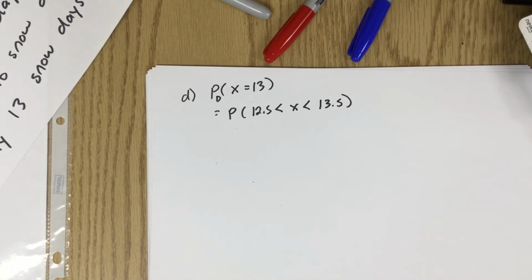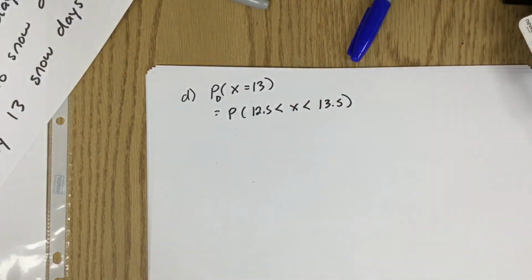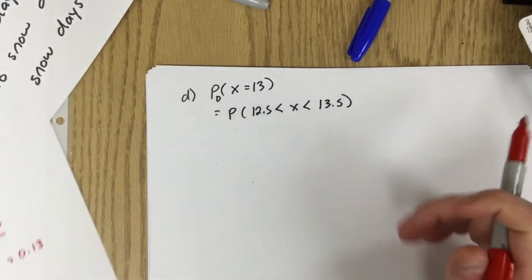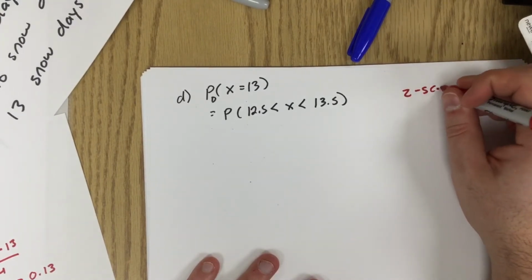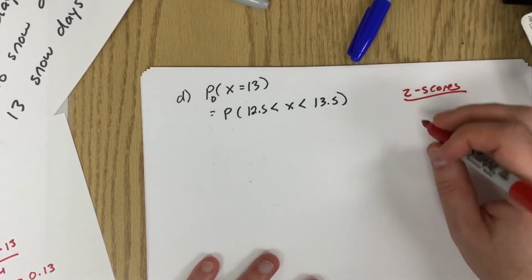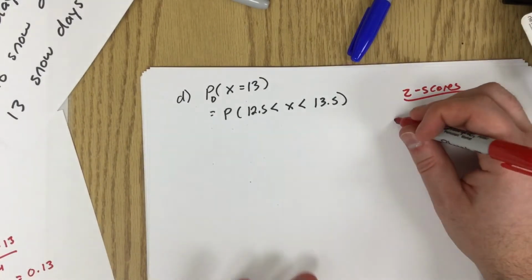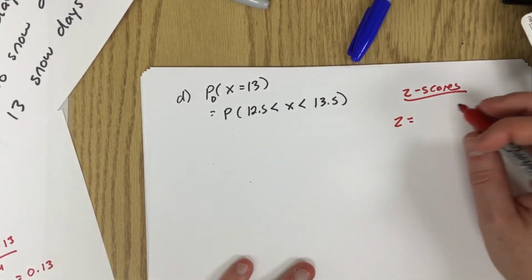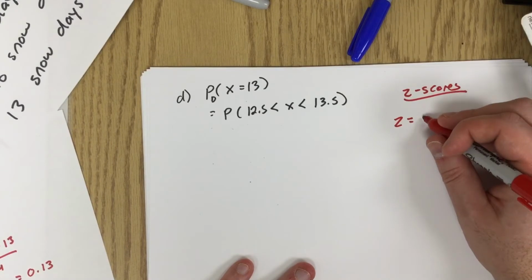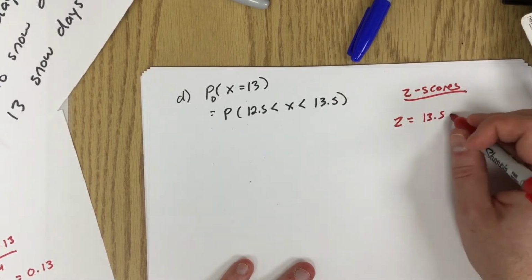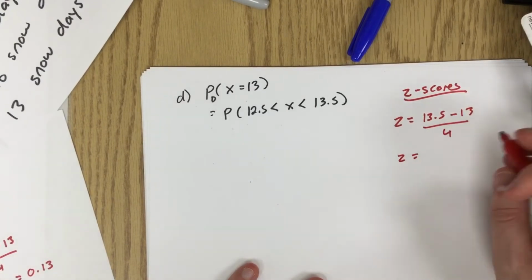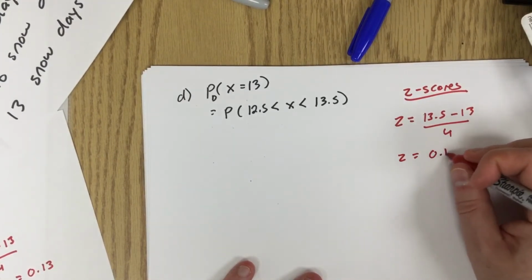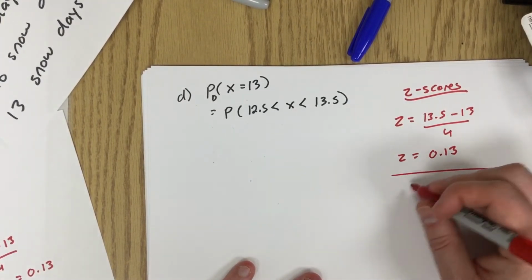Now I think I have some of that, don't I? Yes. So the z-scores. So z is 13.5 minus 13 over 4, and looking at what I got before, I got 0.13.